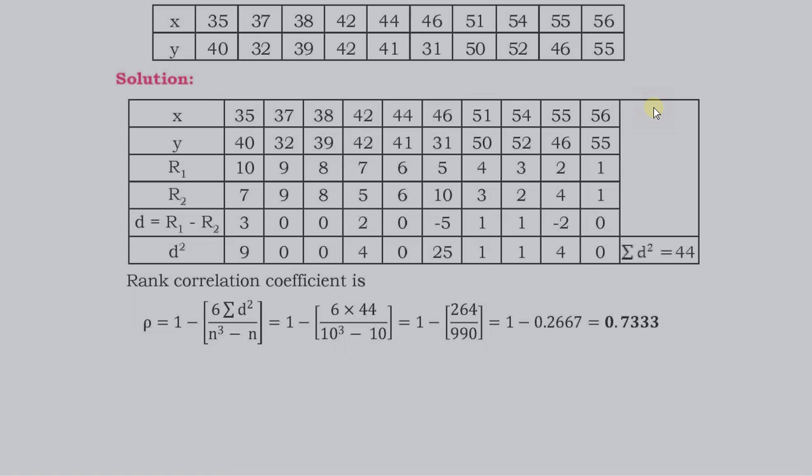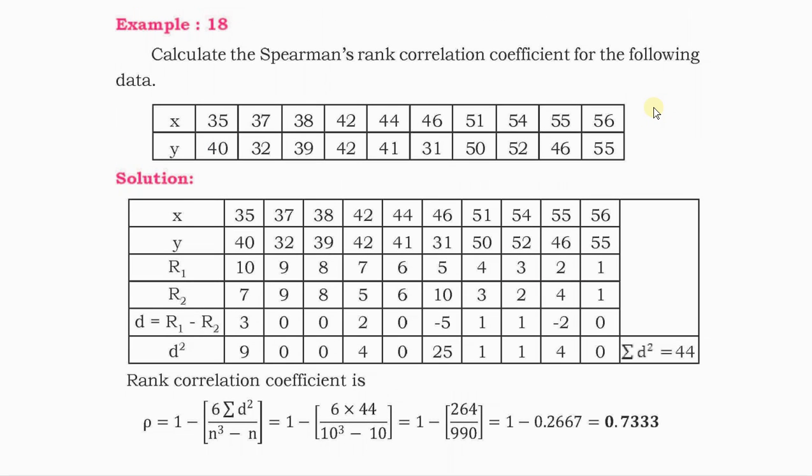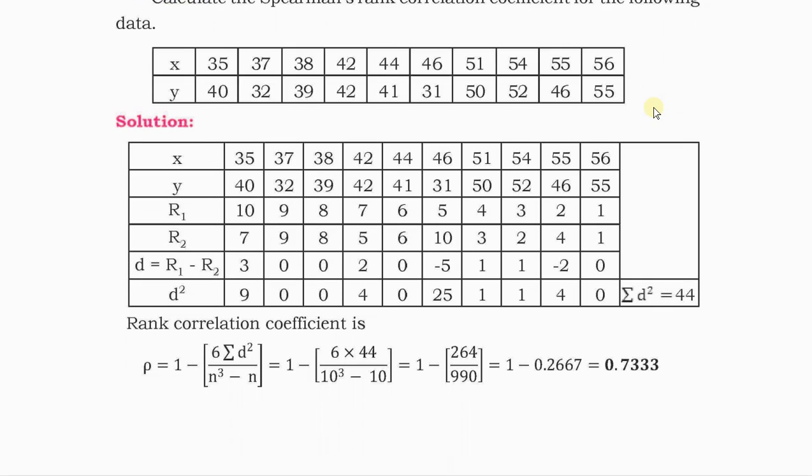In this example, we need to compute Spearman's rank correlation coefficient. Two randomly arranged variables are given here, x and y. First we have to rank the two variables either in ascending order or in descending order. We can choose whatever order we want.